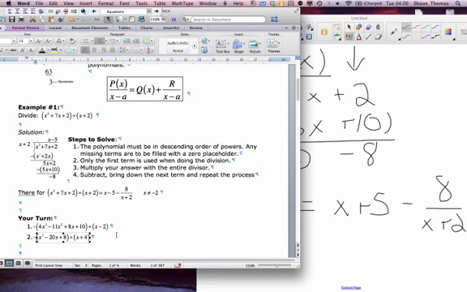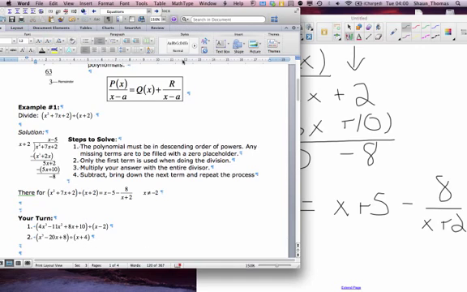I have to fill in the place because I have to have descending orders with a cubed, a squared, 1, and a 0. So in the your turn question number 2, which I will leave for you to try, you have got to put in a 0x squared.